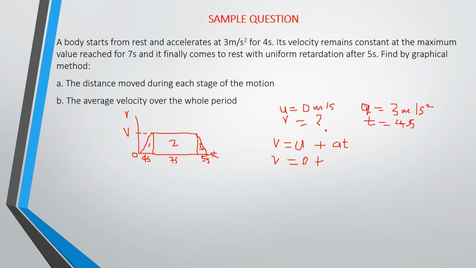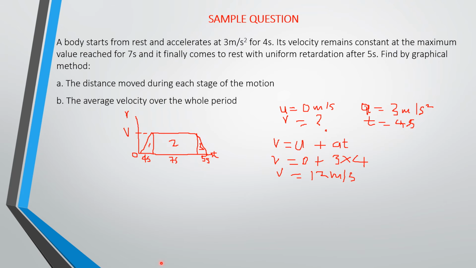Substitute these values into the equation. That gives you 3 times 4, so v will be equal to 12 meters per second.